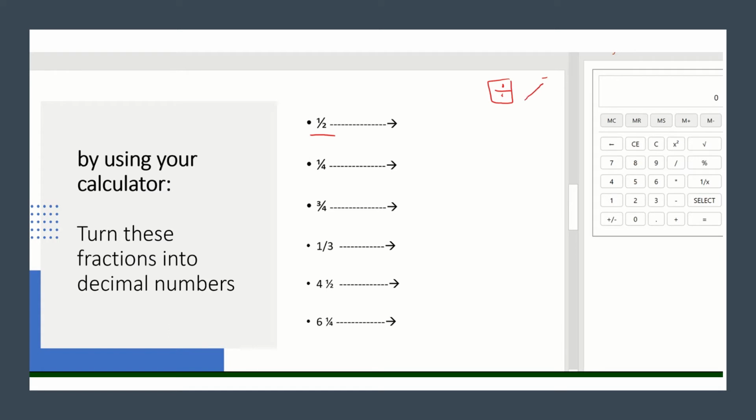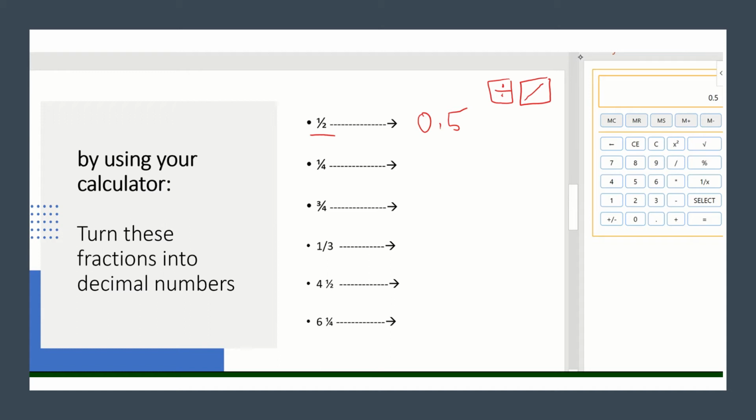Some calculators may have this slash as a divide, but these are the old models. Mostly now all the models use this symbol for the operation of dividing. So first of all, I will change this half fraction into a decimal number. I will take 1/2 equals 0.5.